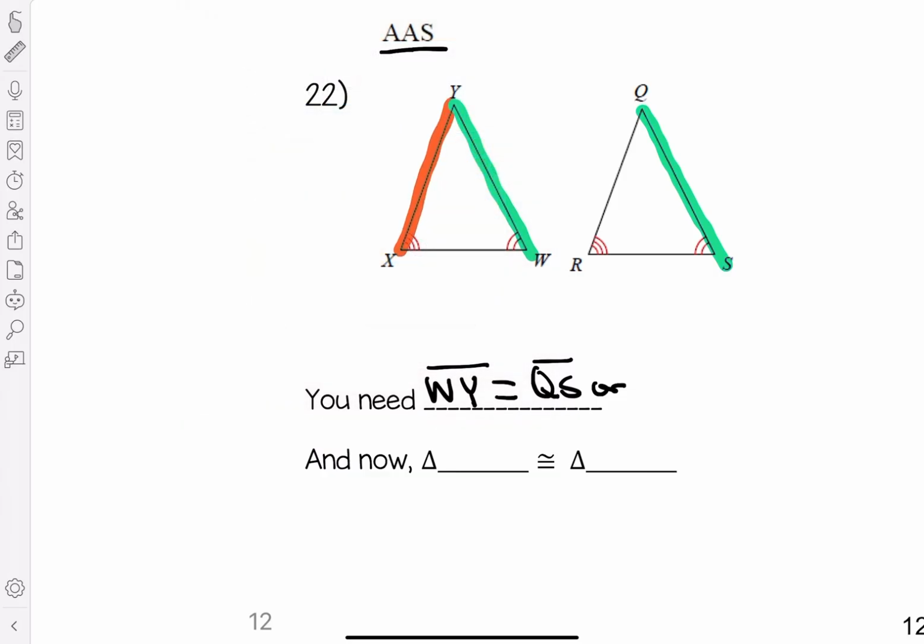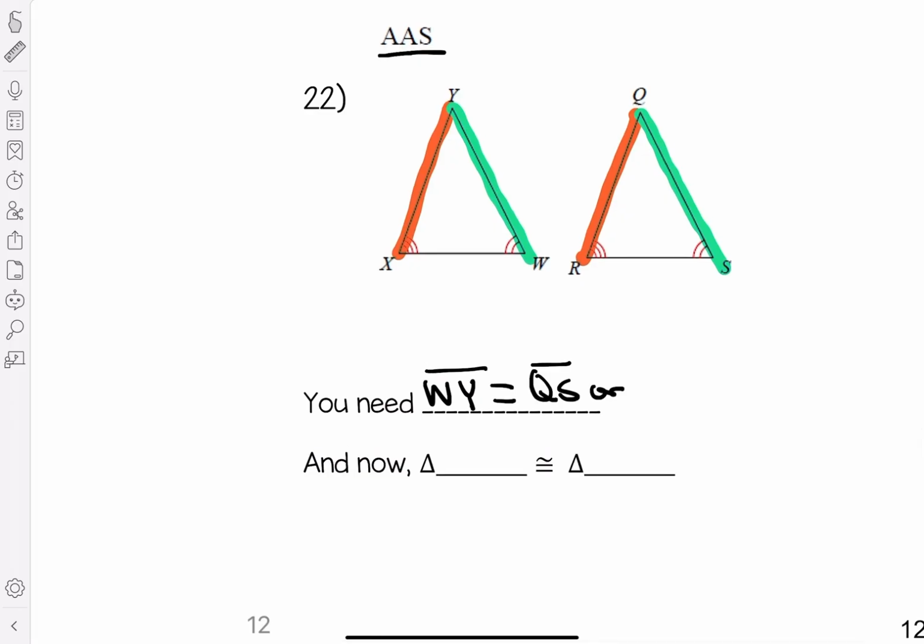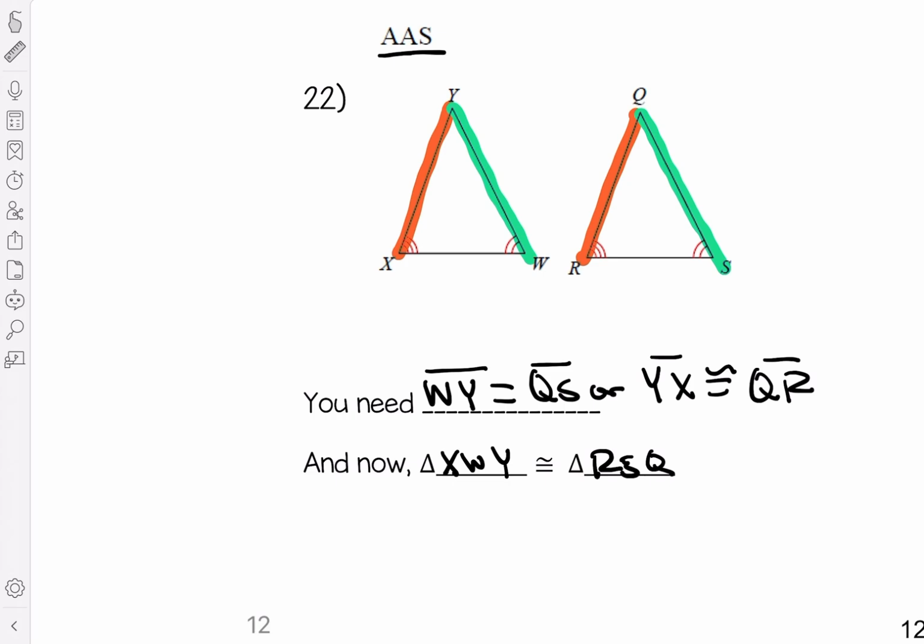You could have said, I have to know that YX is congruent to QR. Either way, once I know this, that means that my triangle XWY is congruent to RSQ. So remember, order does matter, but when we're talking about an outside, it can be on either side.